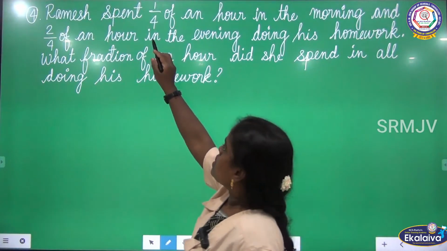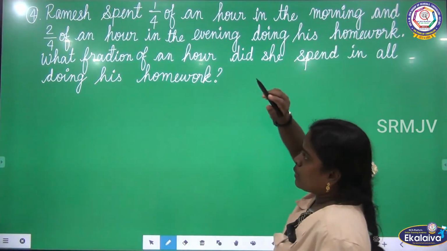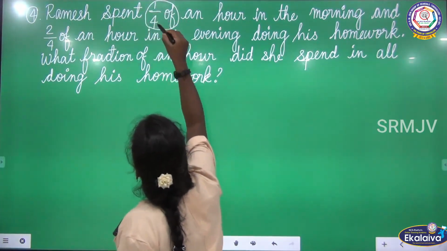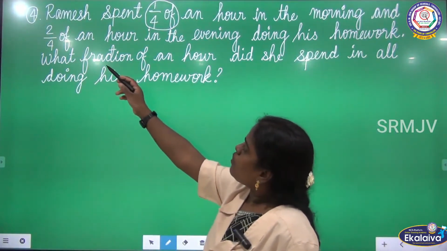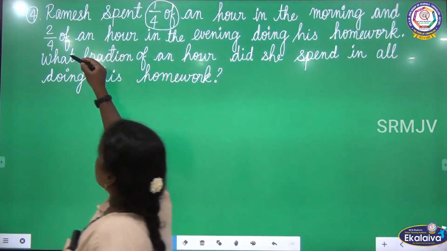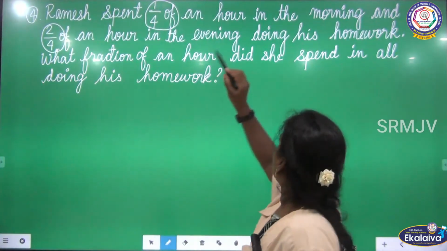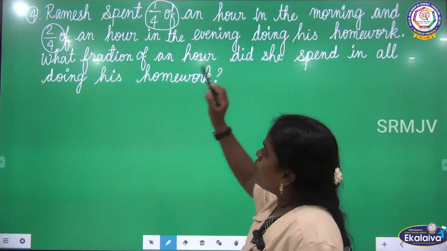Ramesh spent 1/4 of an hour in the morning. So he spent 1/4 of an hour in the morning and 2/4 of an hour in the evening to do his homework.